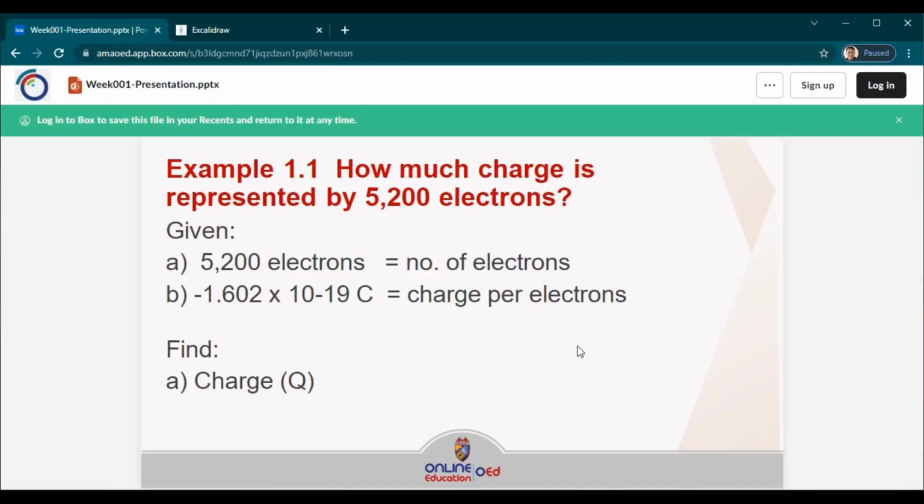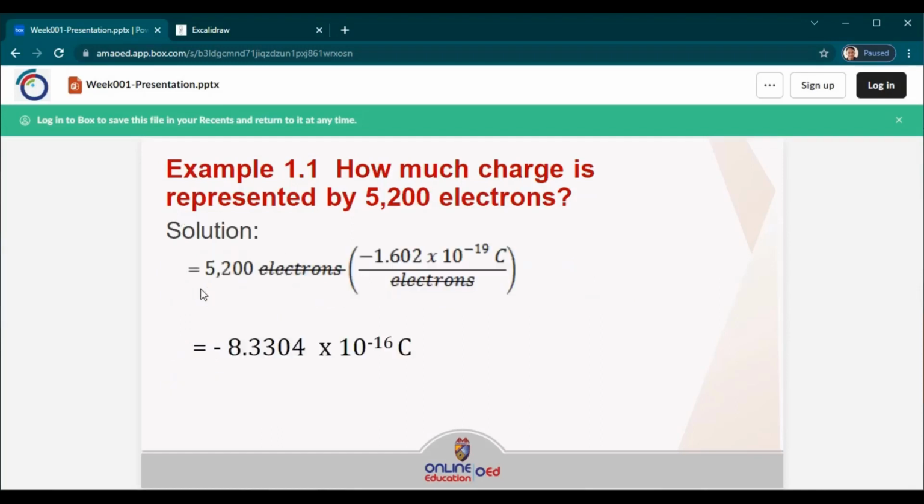So for an example, how much charge is represented by 5,200 electrons? If we have 5,200 electrons, how much charge do we have? Okay, so this is our given, 5,200 electrons, and always remember this constant, the charge of one electron: that is 1.602 times 10 raised to negative 19 coulombs, negative for an electron, positive for a proton.